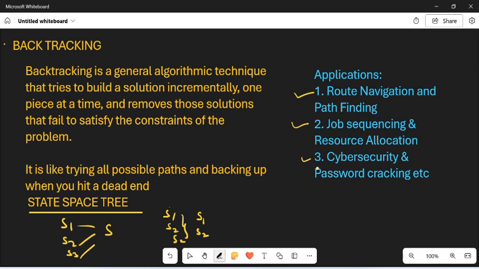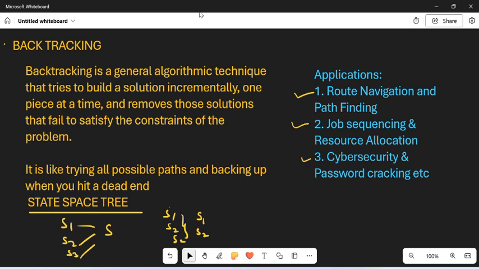And in cyber security and password cracking, here we will try all the possibilities, like all capital alphabets and some special characters. Usually when you talk about passwords, the password should be of 8 characters. Its size should be greater than 8 characters, or within 8 characters or 6 characters, like that.